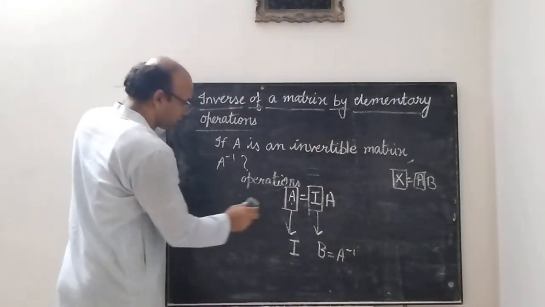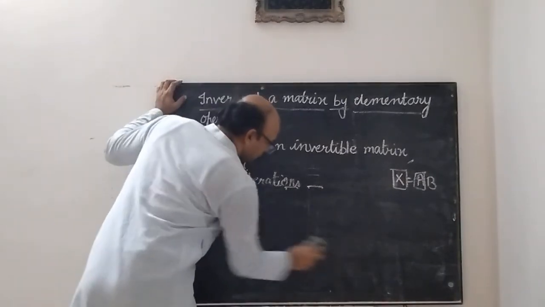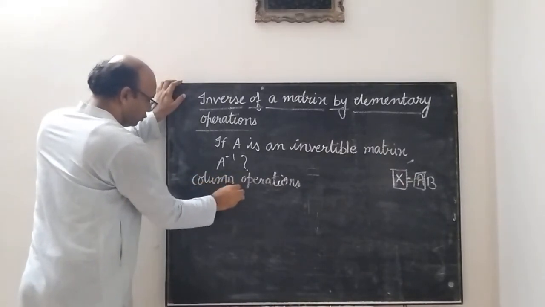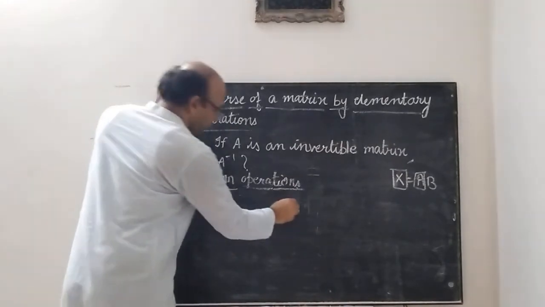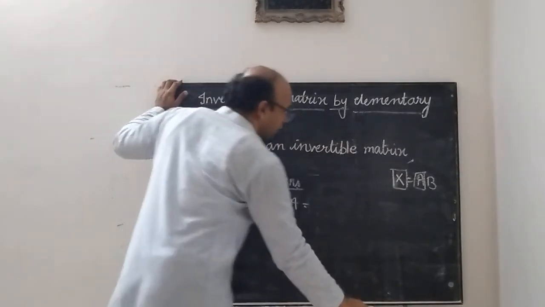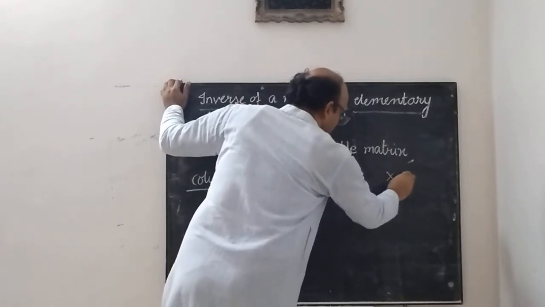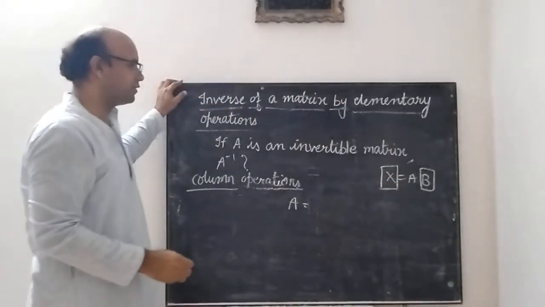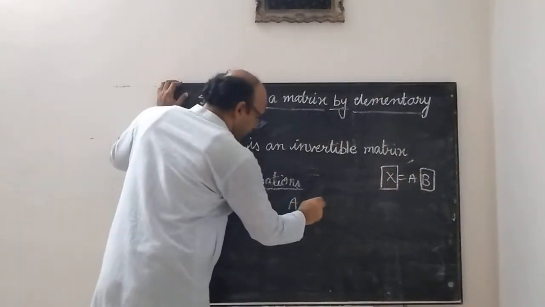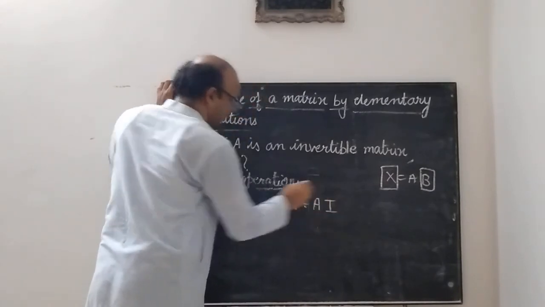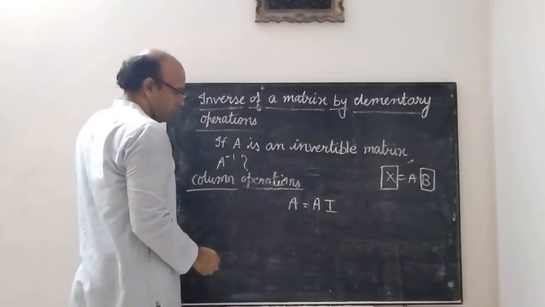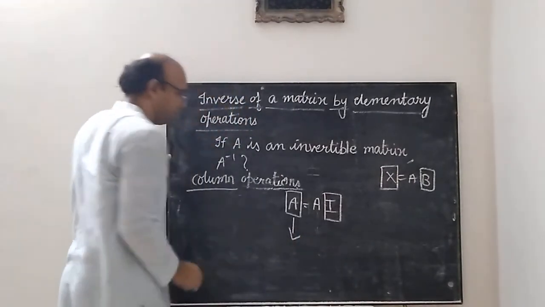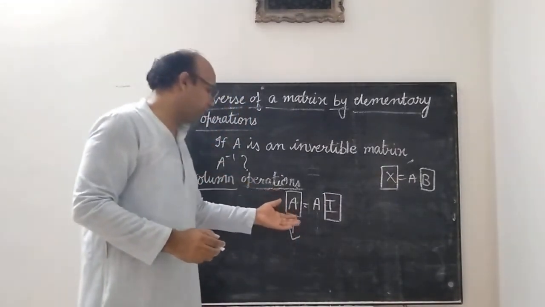When we do the column operations, we apply them on the second matrix. We were applying the operations on the second one. So we write this as A is equal to AI, and again we start applying a series of column operations.